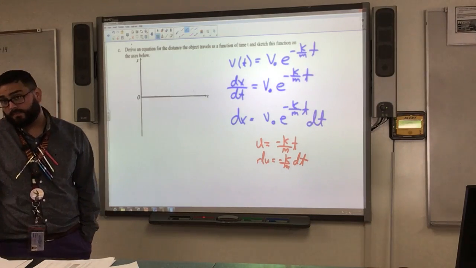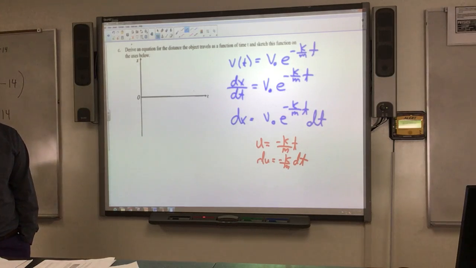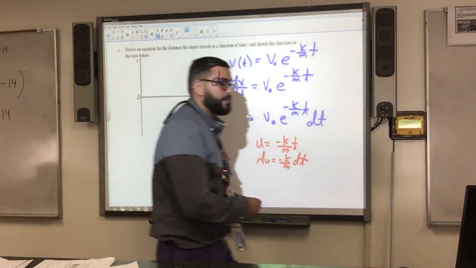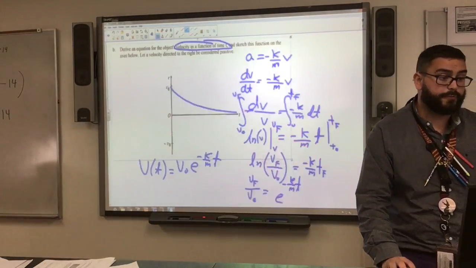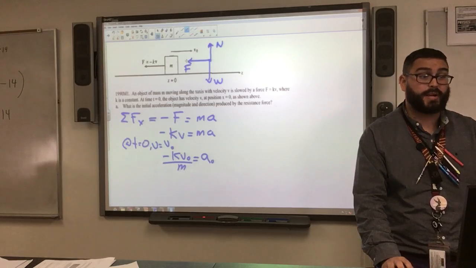Wait, is the first equation saying that the terminal velocity is going to be 0? Yes, that would make sense because this thing will eventually stop. If we look back at the picture we had originally, there is no force that pushes this thing to the right.